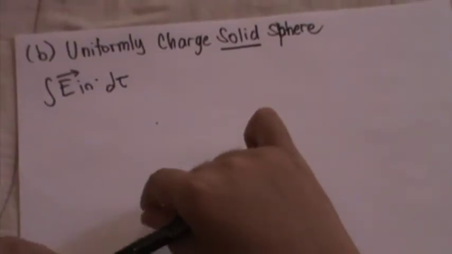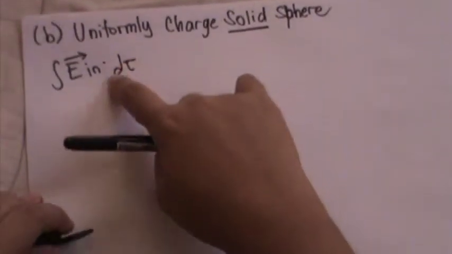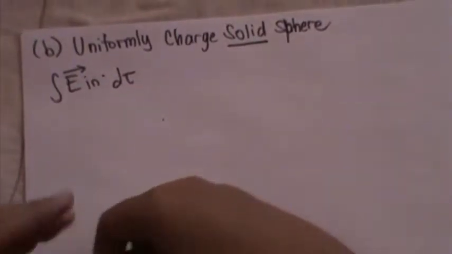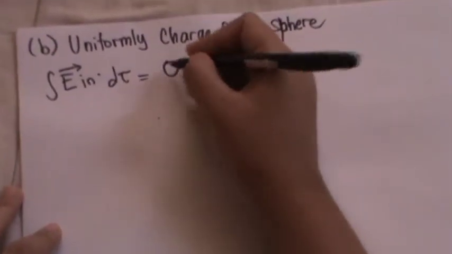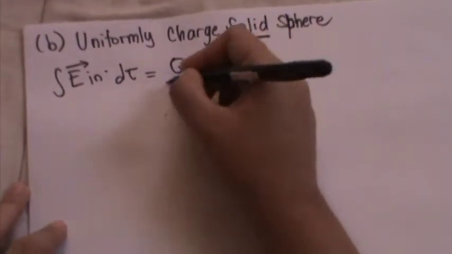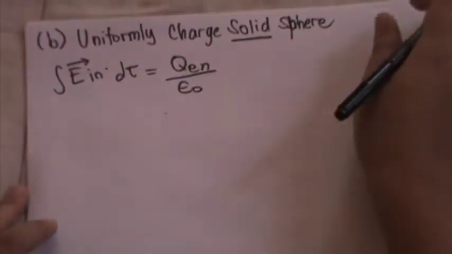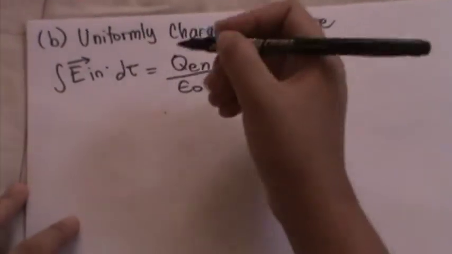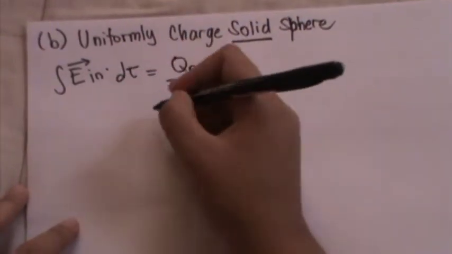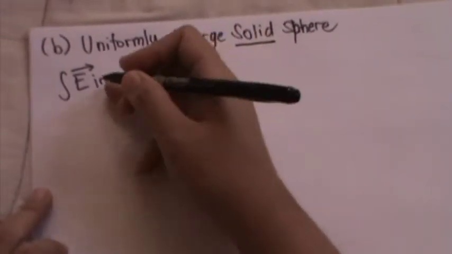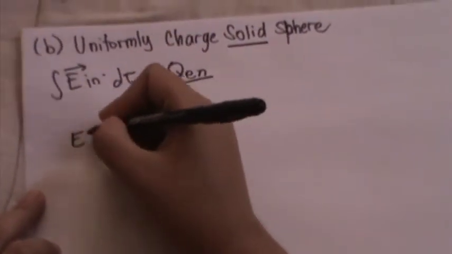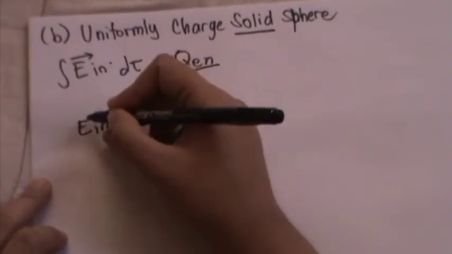So for volume, let's use this symbol. We have this equal to Q enclosed over epsilon naught. We will do the same process like we did on the left side. We try to remove the arrowhead so that we can manipulate the equation easily.